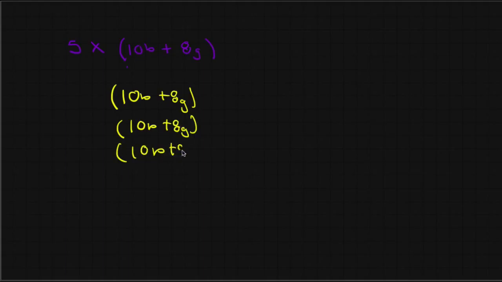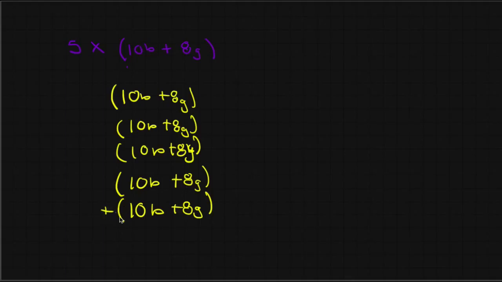Here's another team with 8 girls, and here's another team of 10 boys plus 8 girls. And finally, we have our 5th team. There's 5 teams. And if I added up the total of all the boys and all the girls, there would be 50 boys and there would be 40 girls.